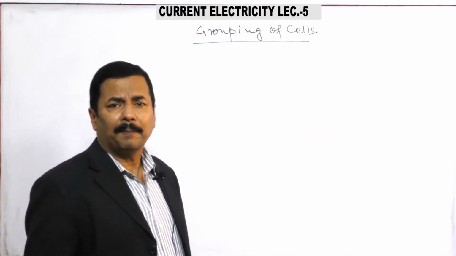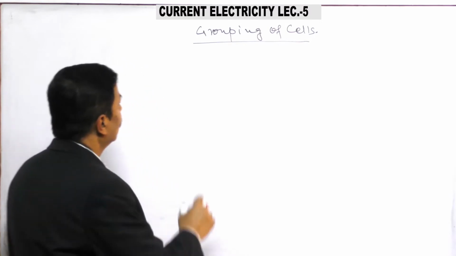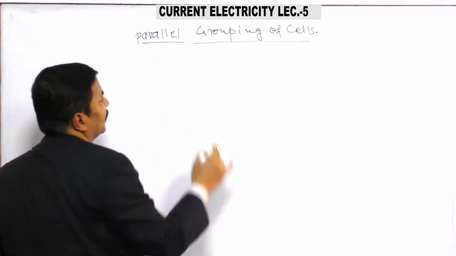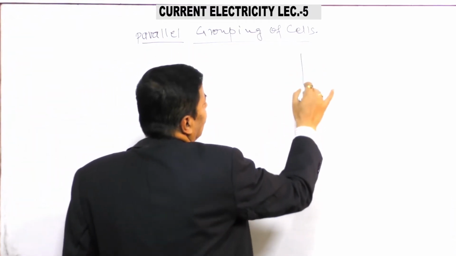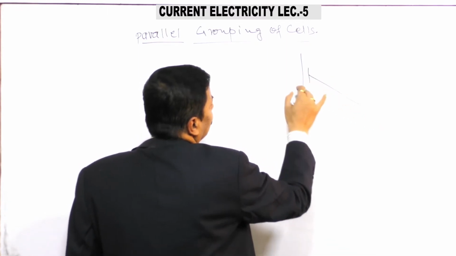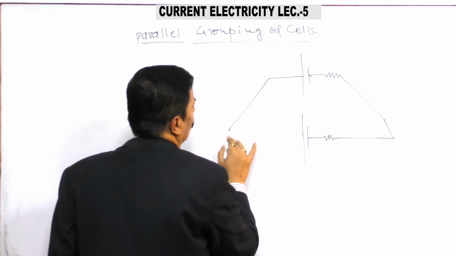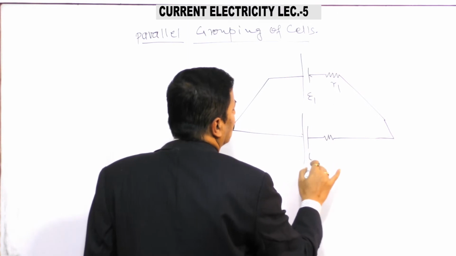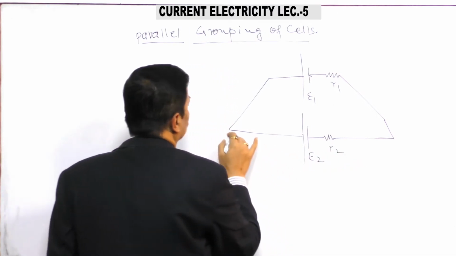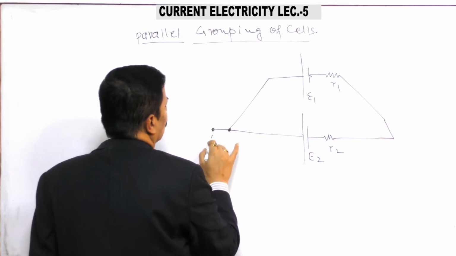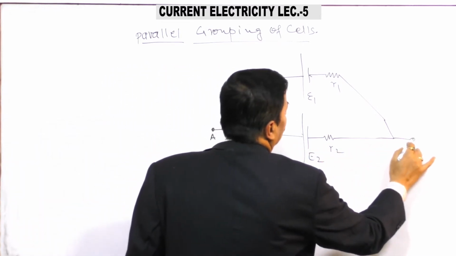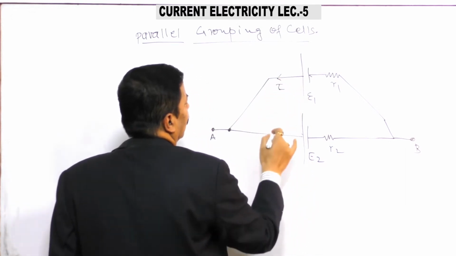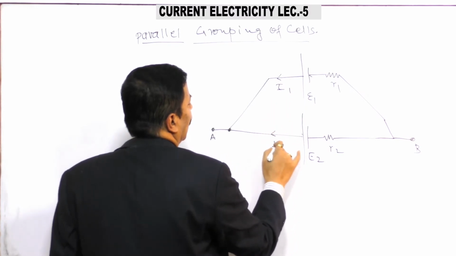Now we will see the parallel grouping of cells. If the cells are arranged in this way: E1 R1, E2 R2, A, here is the point B, then here the current I1, here the current I2.